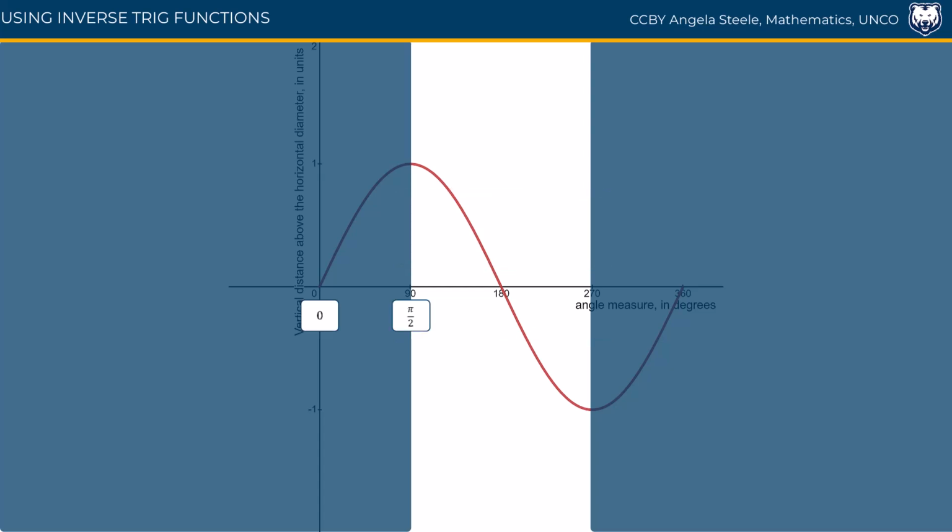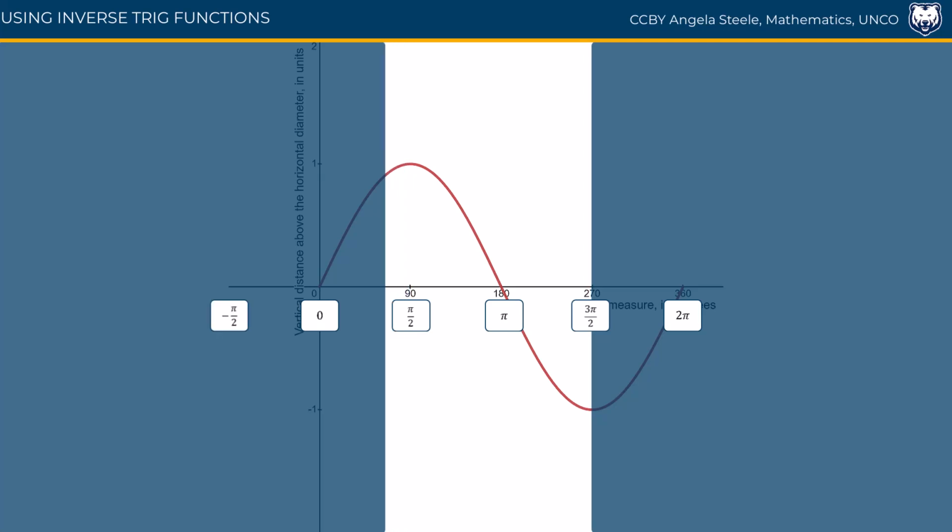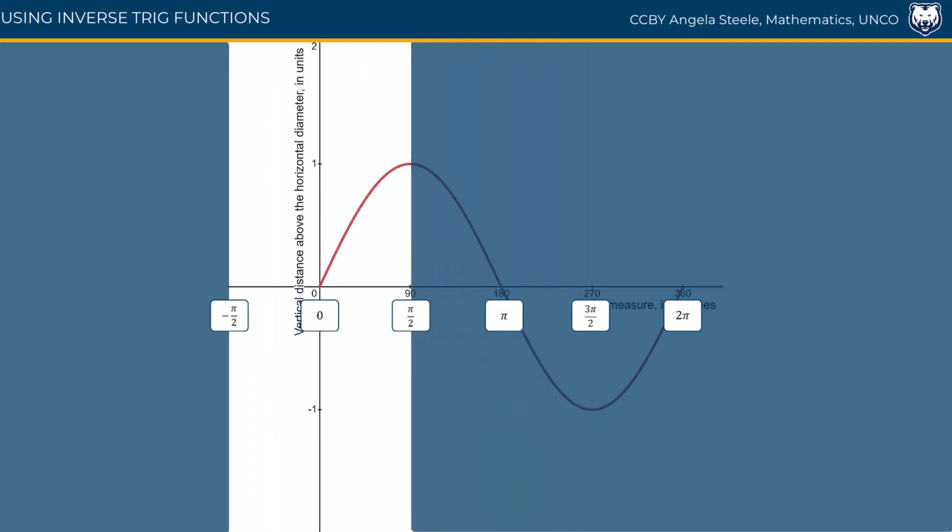Okay, so it looks like on this particular graph, if we restrict the domain from pi over 2 to 3 pi over 2, that would allow us to have a graph that is invertible. One of the things that mathematicians decided a long time ago, and you'll see why in just a couple minutes, they decided to restrict the graph from negative pi over 2 to pi over 2.